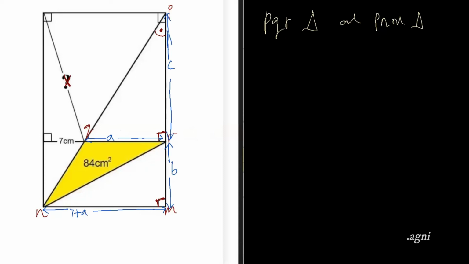Now, let's try to simplify this further. So they are similar, right? Just name them like that. Now, if you consider the area of this yellow triangle, we can write half.